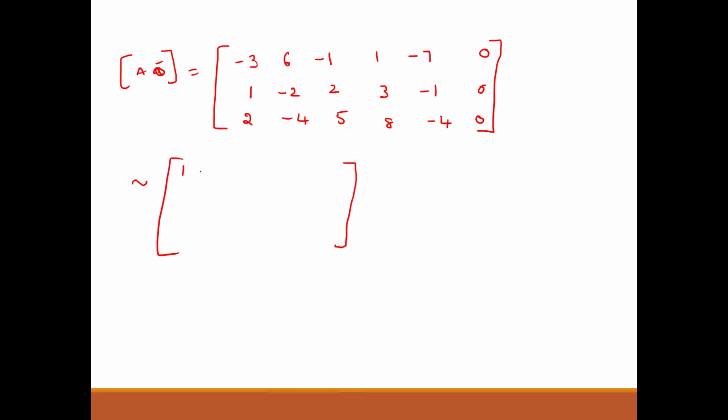So what I will get: 1, minus 2, 2, 3, minus 1, 0; minus 3, 6, minus 1, 1, minus 7, 0; 2, minus 4, 5, 8, minus 4, 0. I have interchanged the rows R1 and R2. Next, I want to make this one 0 and this one 0 by taking the first row. So what I will do is 1, minus 2, 2, 3, minus 1, 0.